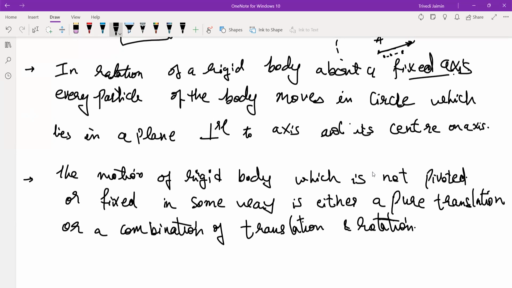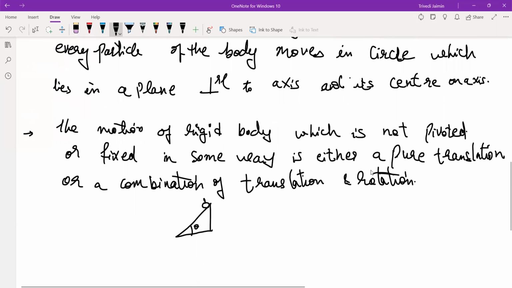Now this was rotation. For example, I can say this is my inclined surface at some angle. I'm placing a ball here. So what will happen to the ball? It will roll down, sir, due to gravity. Initially it will start at position A. Let me draw it bigger.